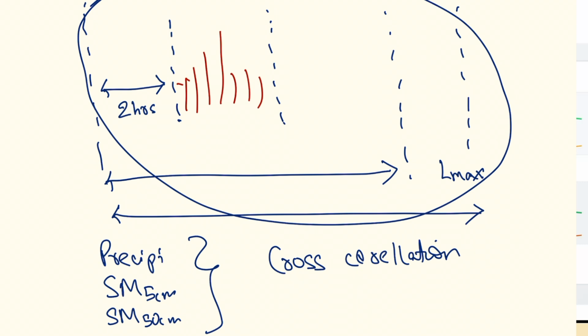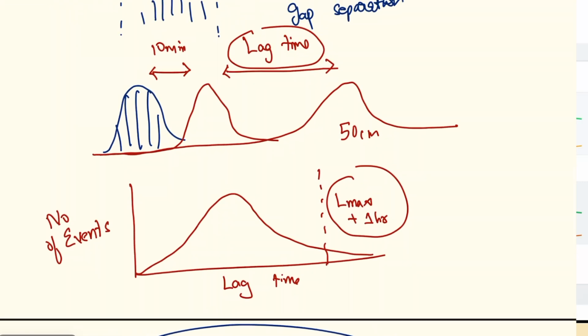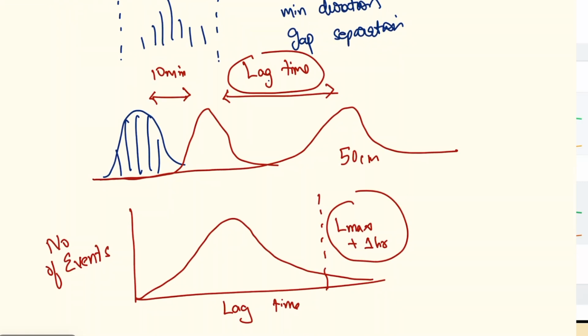If we compute cross correlation for this event, we get the true lag. This is the lag that we are looking for, which gives us the infiltration rate. The first lag was the lag time between the rainfall and the peak at 50 centimeter, the time to peak lag.